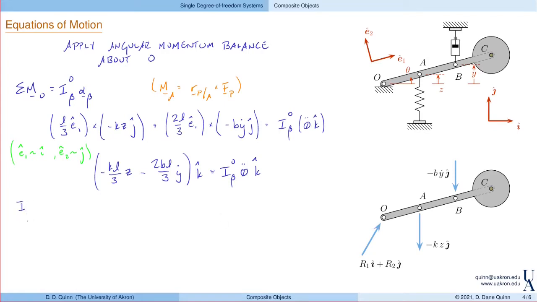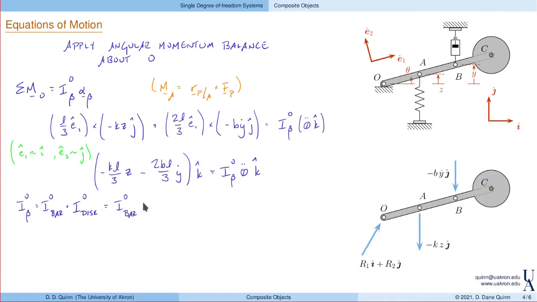Anytime I have a composite object, basically it's going to be the moment of inertia of the two parts. So the bar about O plus the disk about O. Well, we know the moment of inertia of a bar about the end, although we could use the parallel axis theorem to derive that.